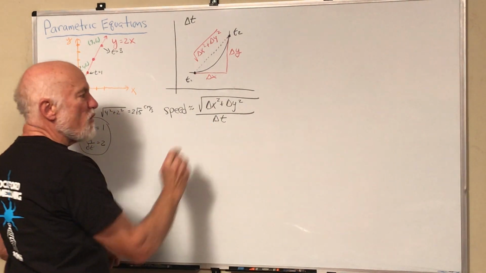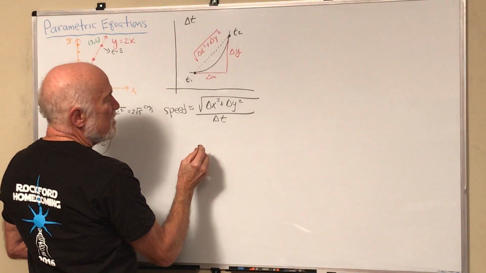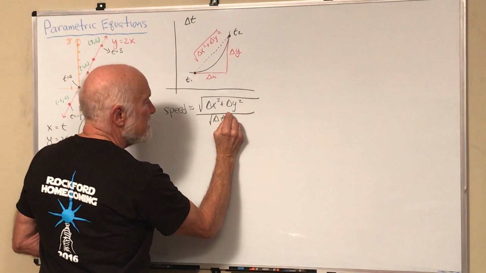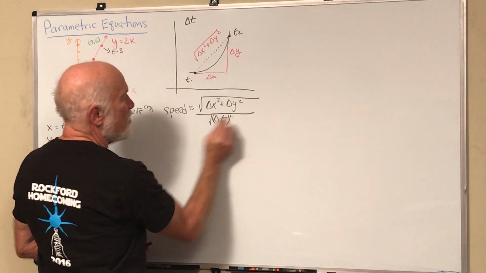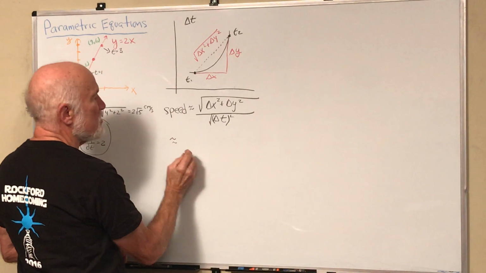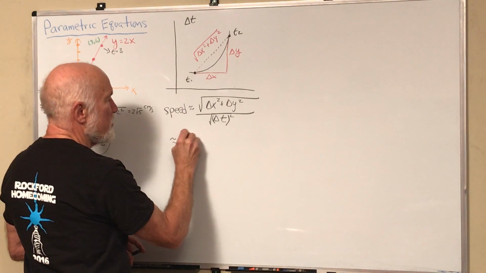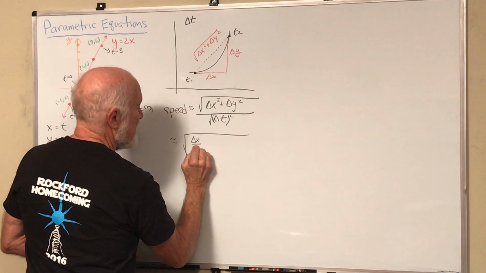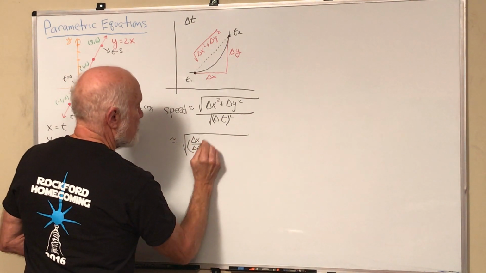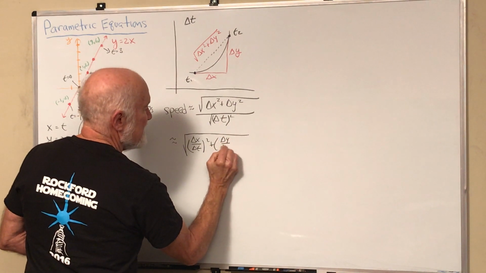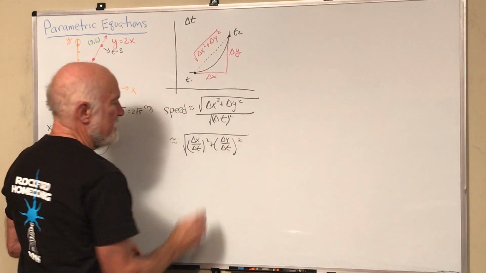And if you wanted to rewrite this, you could make delta t in a radical and call it delta t squared. Now we have speed approximately equal to the square root of (delta x over delta t) squared plus (delta y over delta t) squared.